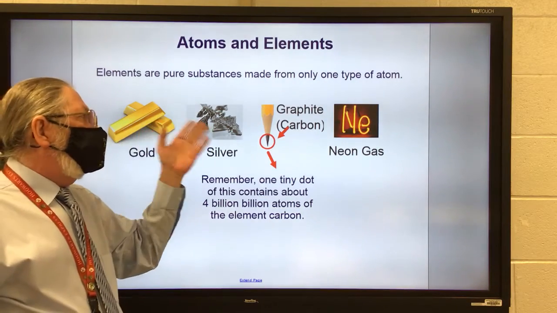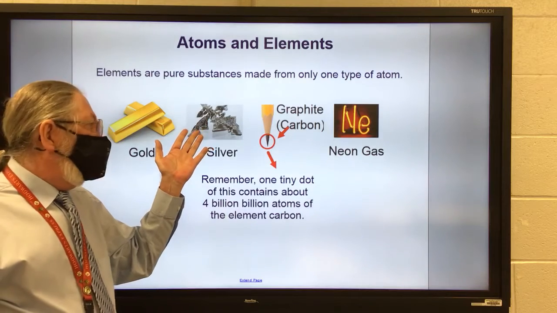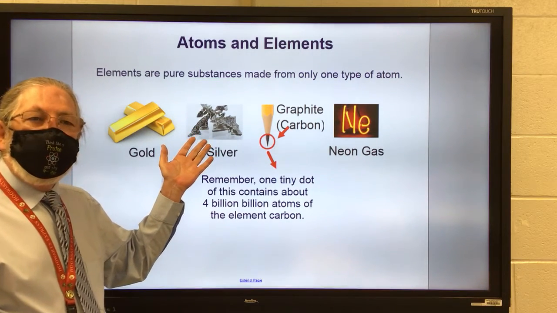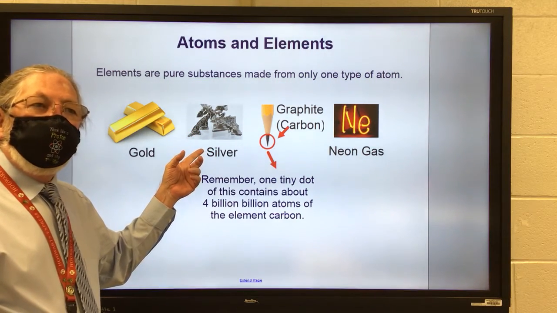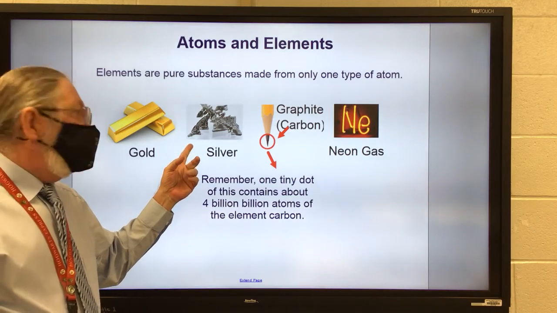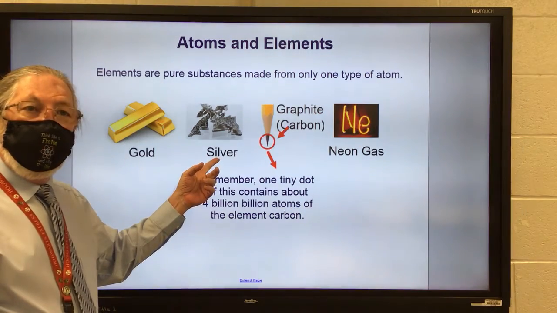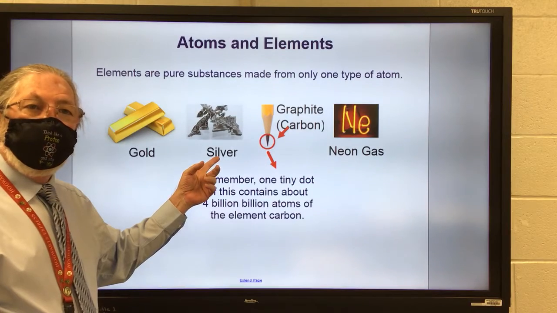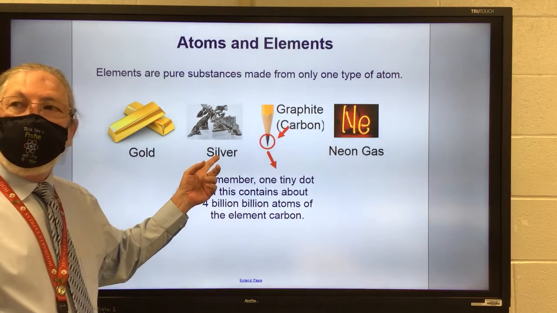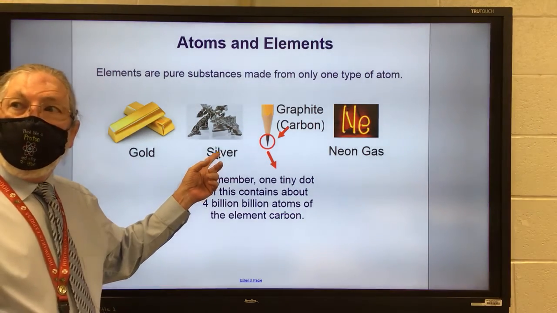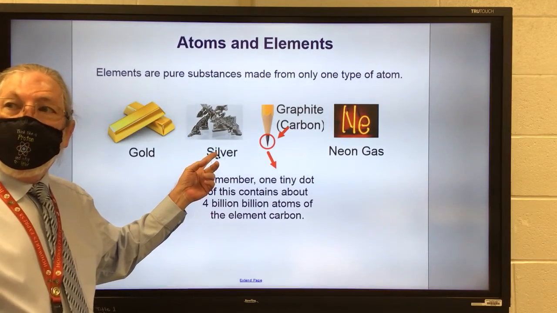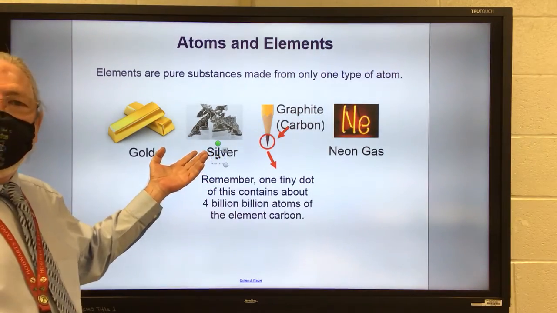Look here, here's gold, here's silver. What's this made up, Lexi? If you have silver, what element is it made up of? Help her out, Tyler. What's silver made out of? Silver atoms. Yeah, silver atoms.